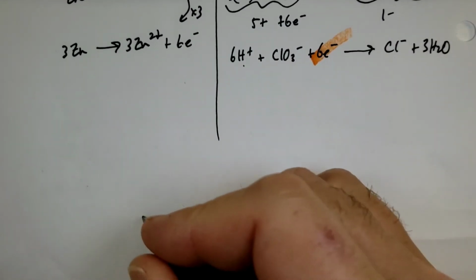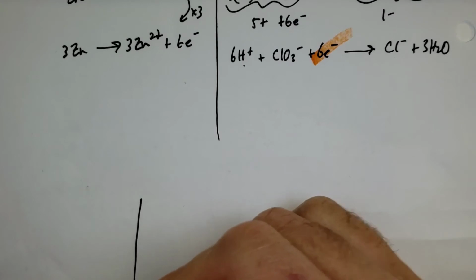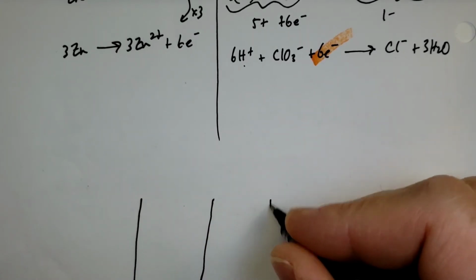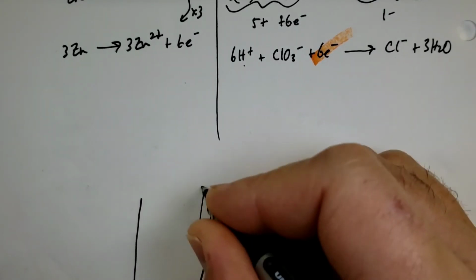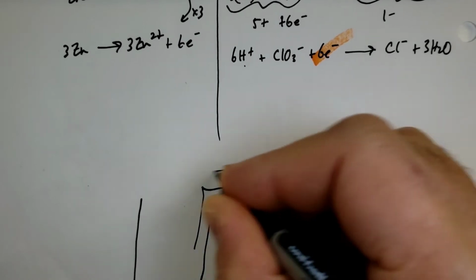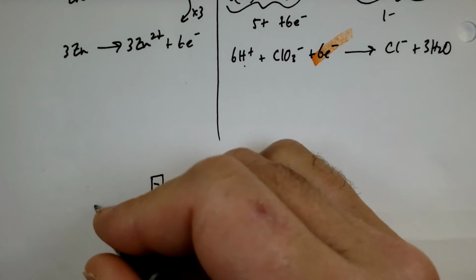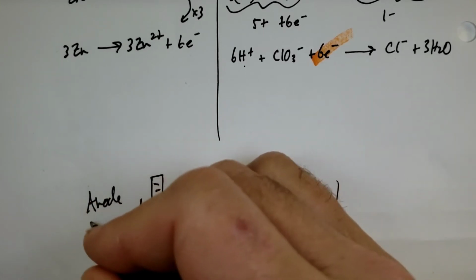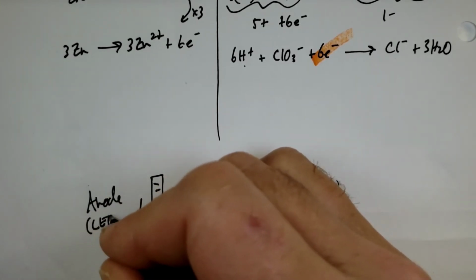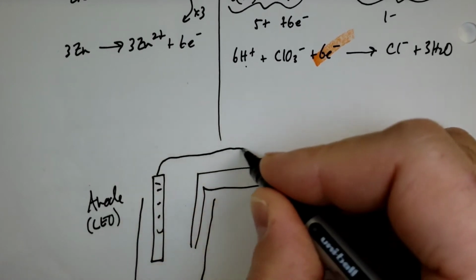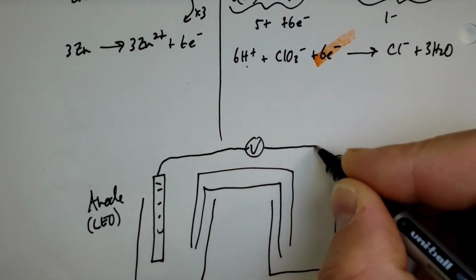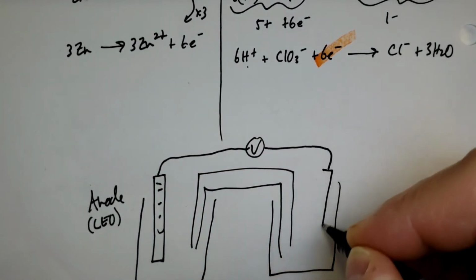So the only thing here that's left is the sketch. So I'll draw the 2 beakers, the salt bridge. Over here I'm going to have the anode where oxidation occurs. It'll go through a voltmeter and register a voltage.